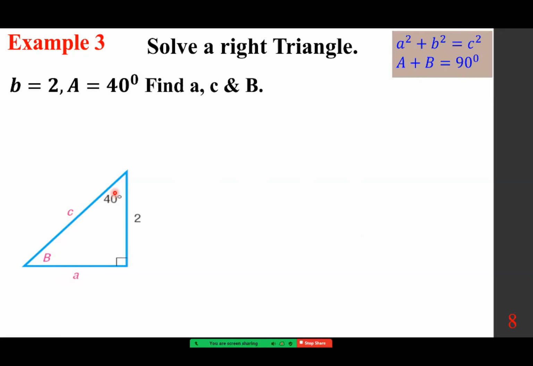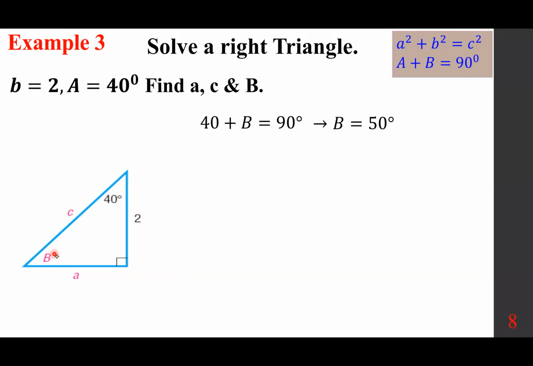So if you subtract this number 40 degrees from 90, it gives you the value of B, which is 50 degrees. So we have all the angles. 40, 50, and of course, this is 90.